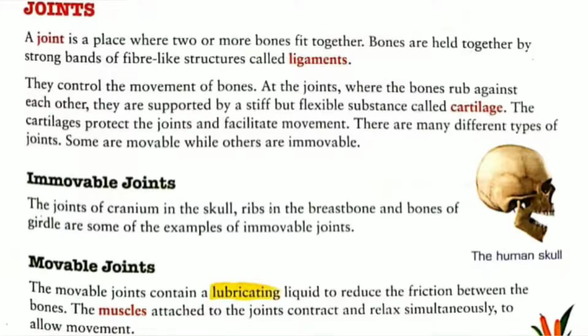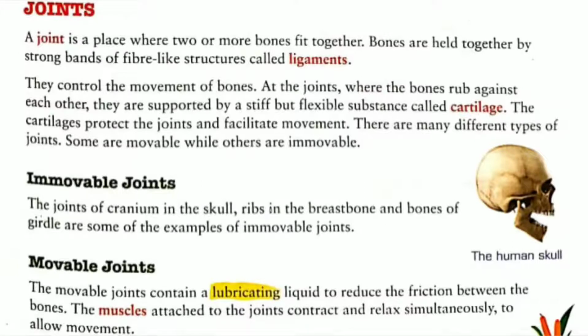So, what is a ligament? Ligaments are strong bands of fibers which join two bones or hold two bones together. They control the movement of bones.